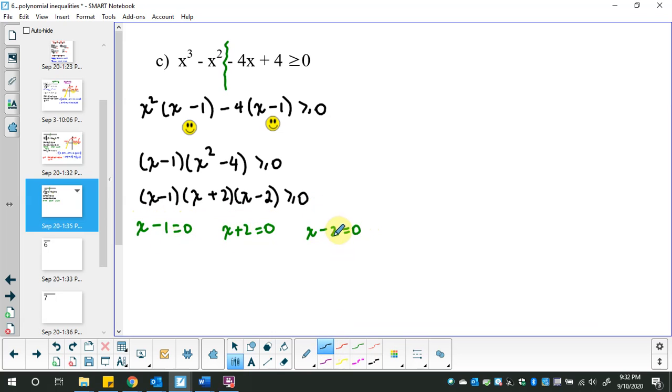And they're all going to be order 1, so when I go to graph this sketch, I don't have to worry about double roots or points of inflection, and that's a really nice thing. Now, I found myself a little bit smushy in the last question, so I'm going to do my y-intercept here.